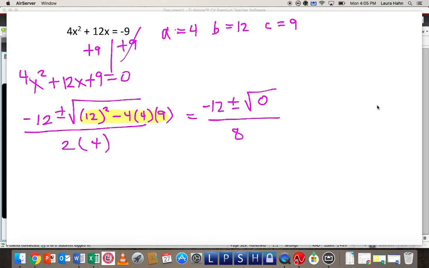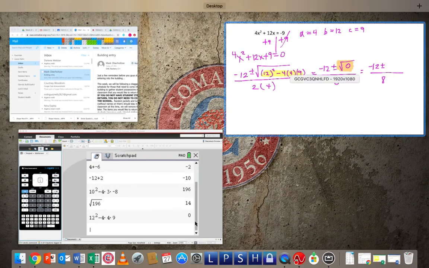Okay, now what I want to do is see, can the square root of 0 simplify to a nice pretty number or not? So on the top I'm going to have negative 12 plus or minus the square root of 0. We're going to go type this into the calculator to see if it's pretty. On the denominator we have an 8, so let's go figure out what is the square root of 0.